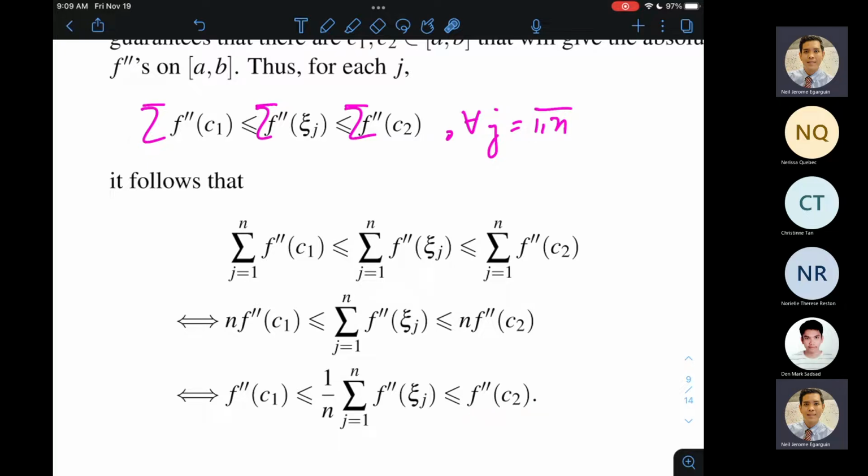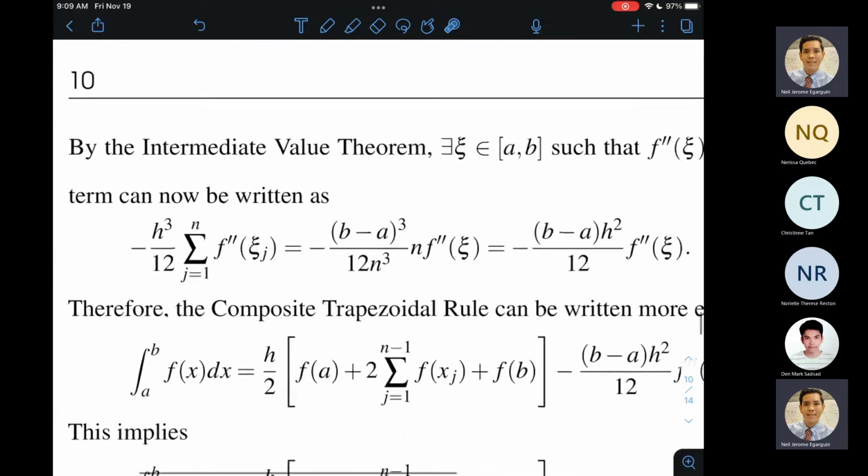The intermediate value theorem says, if you have a number between two function values on a closed interval, there is an element of the domain, of the interval, whose function value is equal to this guy. All right? That's what the intermediate value theorem says.